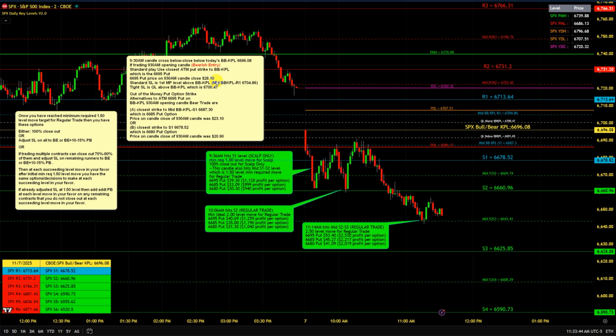Normally this put would probably be a lot less expensive. However, we have increased implied volatility today due to recent events and another gap down today. So the IV is a lot higher, and the prices of all the options are going to be higher than they have been in the recent couple of weeks.